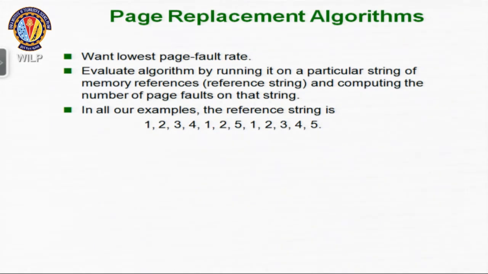In this case, we have a reference string which is given here, indicating that you have page number 1, then you are accessing page number 2, then page number 3. Please understand one thing: a page has a number of entries, meaning a page has a size.